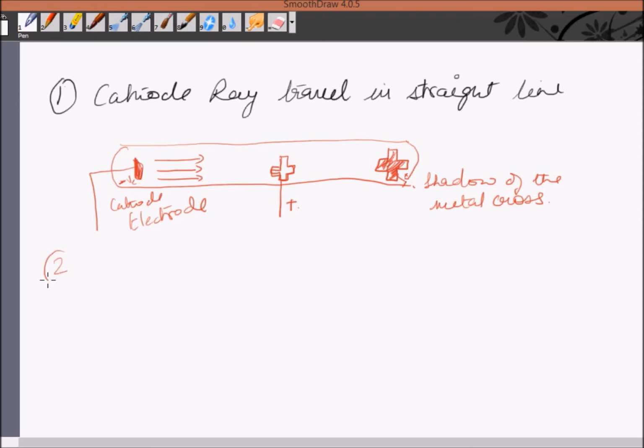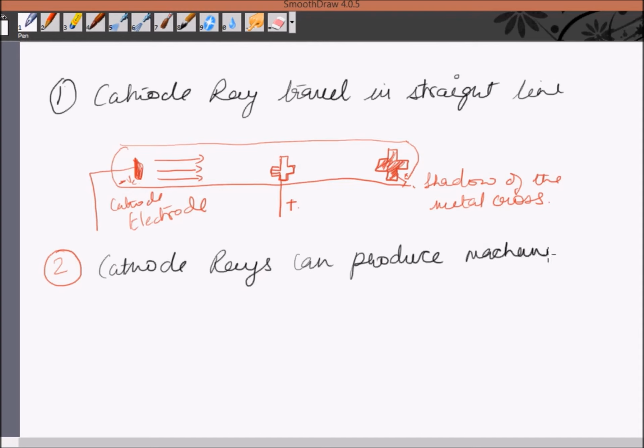So now let's prove the second point, which is that cathode rays can produce mechanical effect. Let's explain by the diagram.